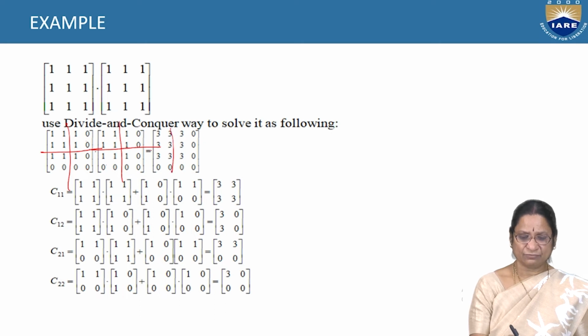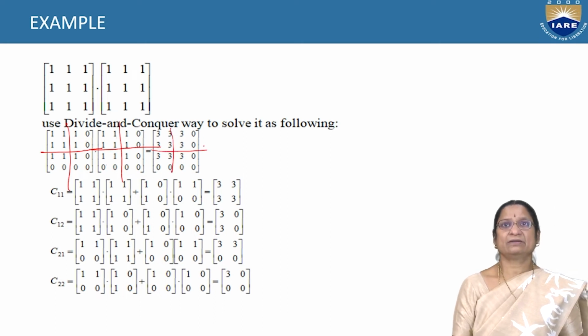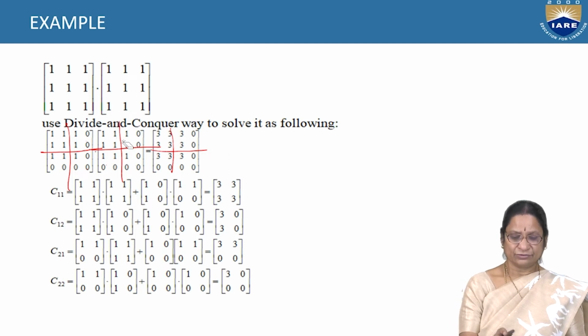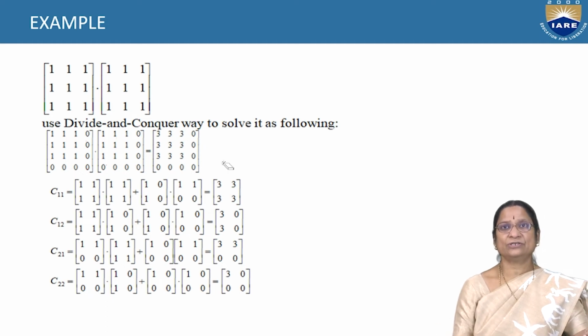This is C11, and we will get C12, C21, C22. These are the individual matrix multiplications and additions of the respective matrices. Then you add these into a new matrix as C11, C12, C21, C22, and we'll get the original product as 3330, etc.